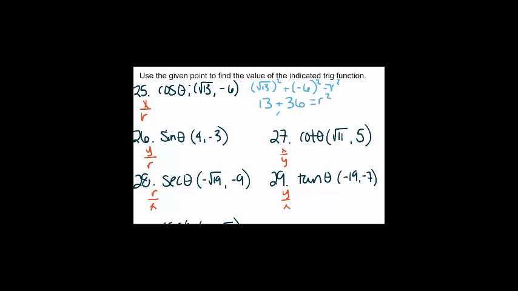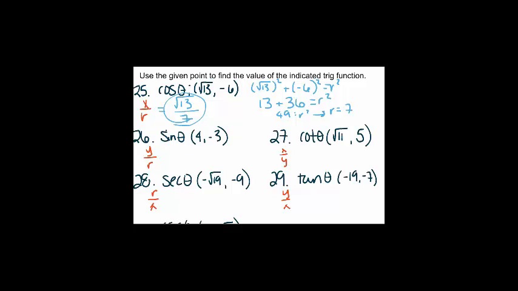Well, conveniently, that is 49. So r is just 7. Got it. So I need to find cosine, which is x over r, which will be square root of 13 over 7. There we go. As long as I find r, I can find any of these.